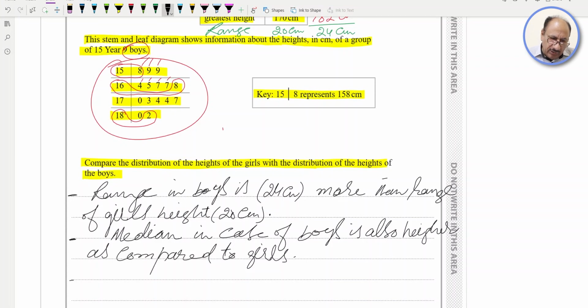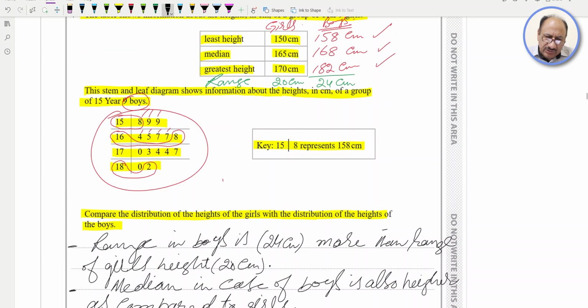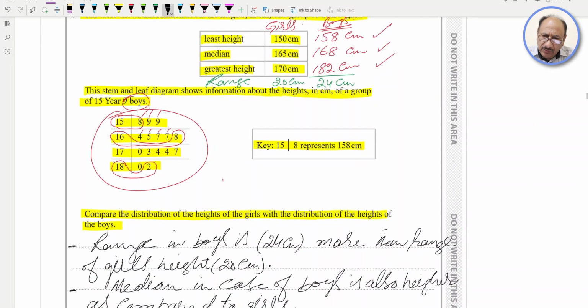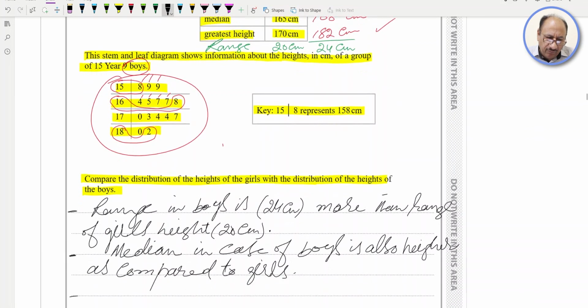Then what else we can write? The third point which we can mention is that the data is basically more varying in case of boys. So variation of data is more in case of boys.